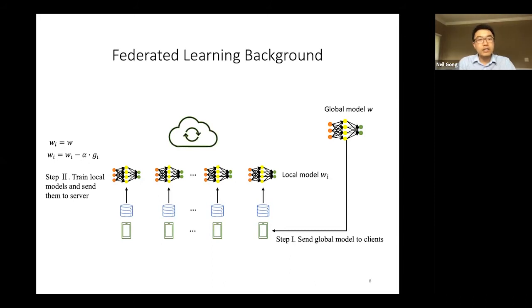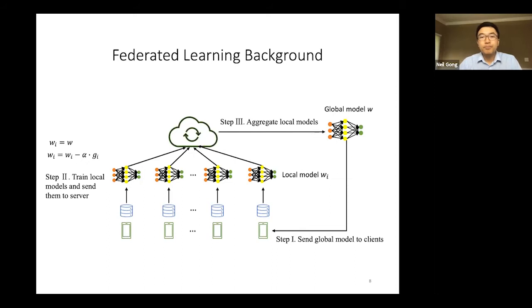Here alpha is the learning rate. Gi is the gradient of client i's local loss with respect to its local model Wi. Each client can repeat this stochastic gradient descent for multiple steps locally. Then the client sends their local models to the server.